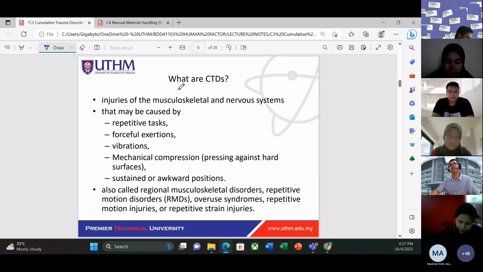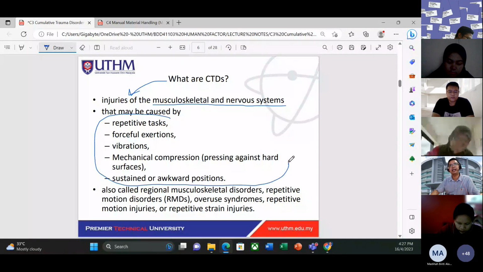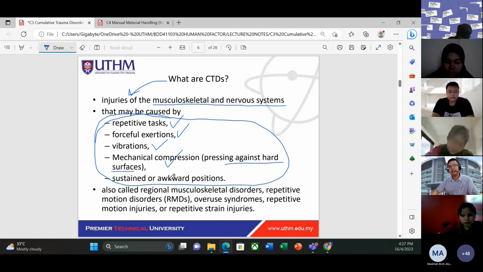And what are CTDs? In definition, injuries of the musculoskeletal and nervous system that may be caused by, as I mentioned earlier, ergonomic or physical ergonomic risk factors: repetitive tasks, forceful exertions, vibration, mechanical compression, bracing against a hard surface or edge, or sustained awkward posture.